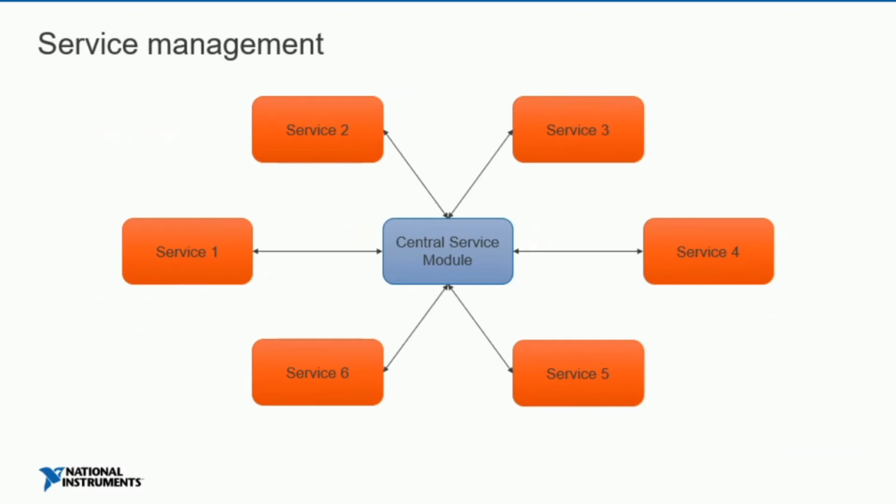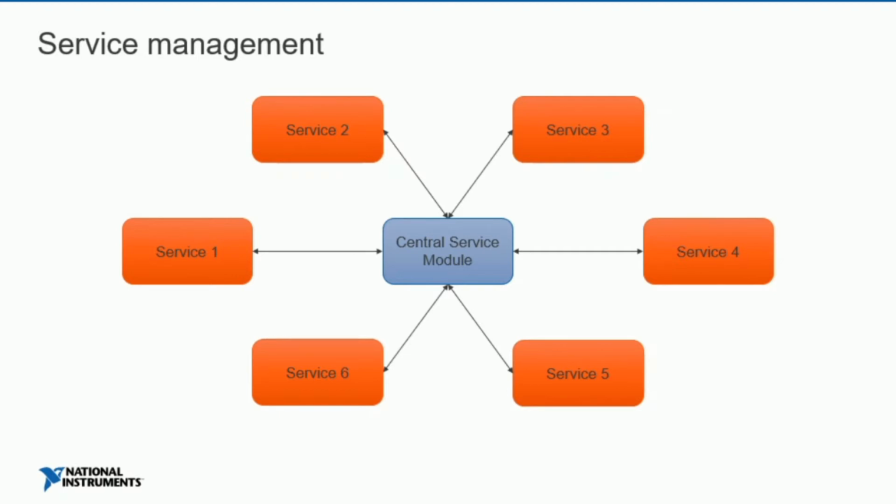Essentially, what I'm trying to show here is we've got a central service module. This could be, say, you're using DQMH or Actor Framework or something like that. Is there a question online? Oh, okay. Imagine you've got some central module or user interface or something controlling your application, and that's starting off other modules that could be actors, DQMH, or some way of launching a separate process.